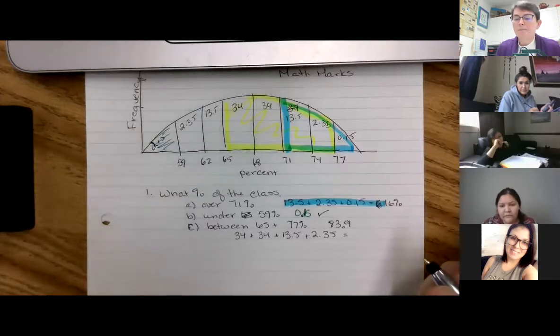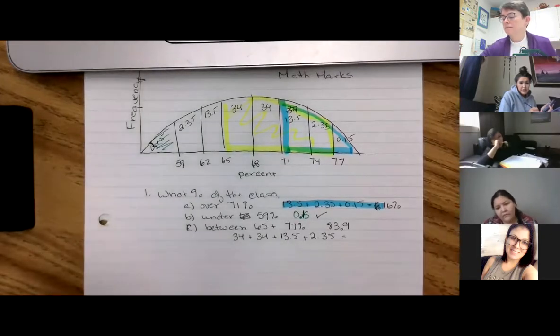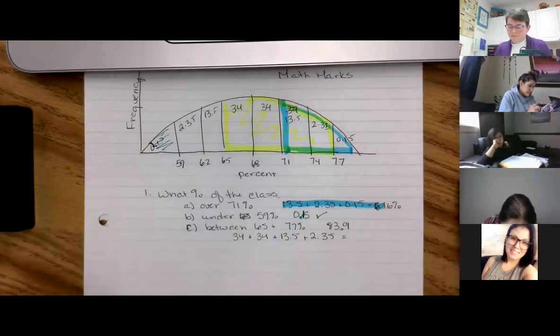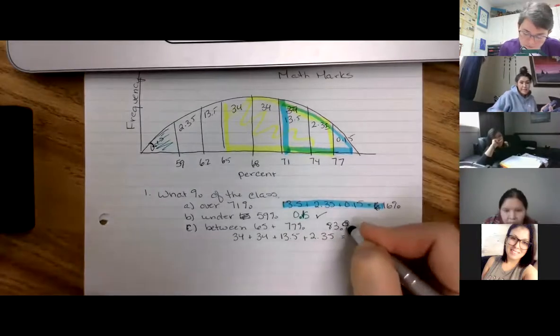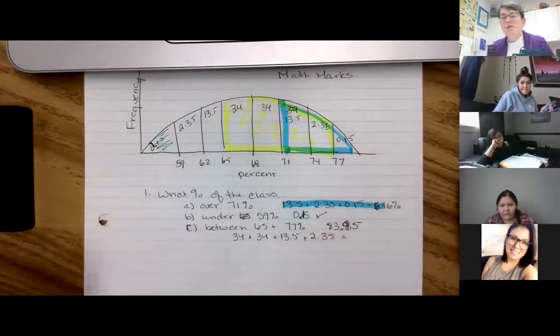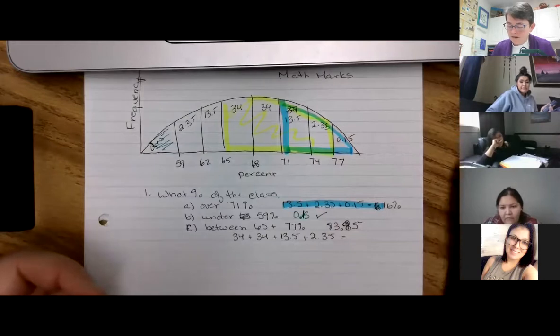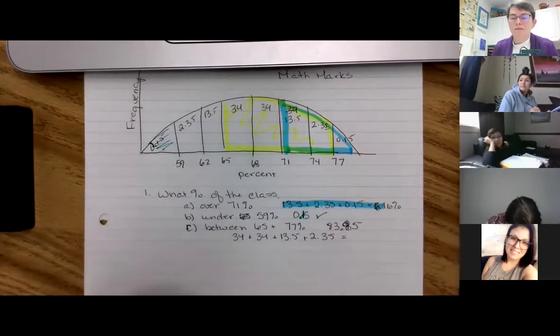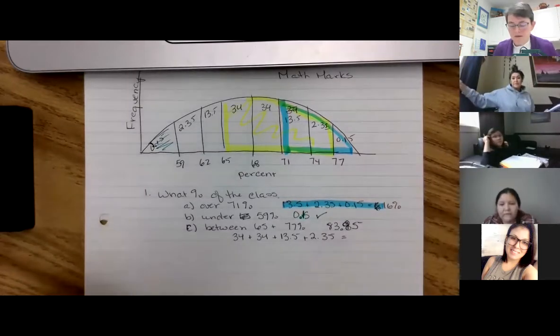Did you get it right? The rest of you? The number doesn't sound familiar to me. 83.85. Oh, okay. That sounds more familiar. Don't round. I don't think I'd mark it wrong or anything, but just for tomorrow. 68 plus 13.5 plus 2.35. There we go. 83.85. Sweet. Okay, so that's straightforward.